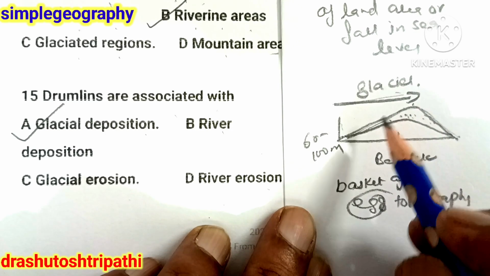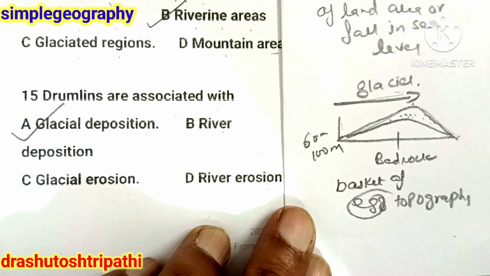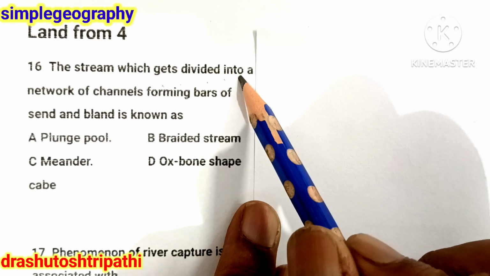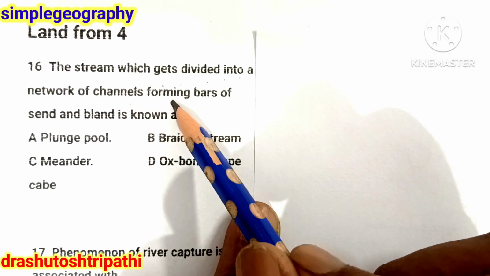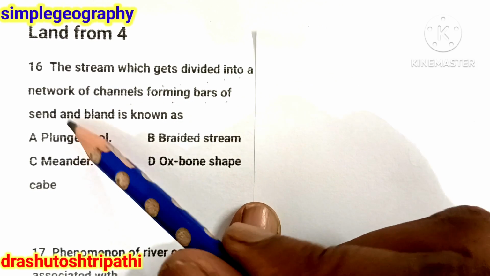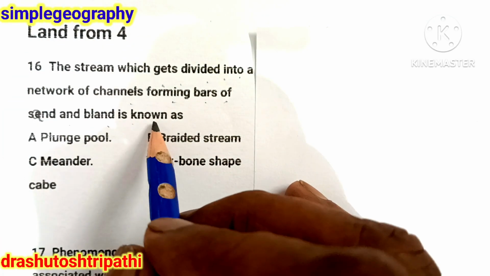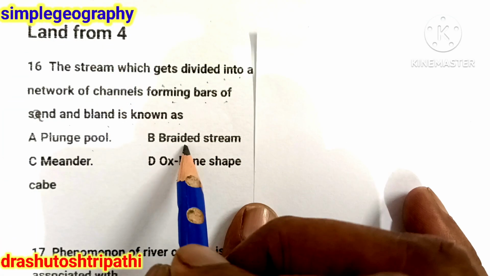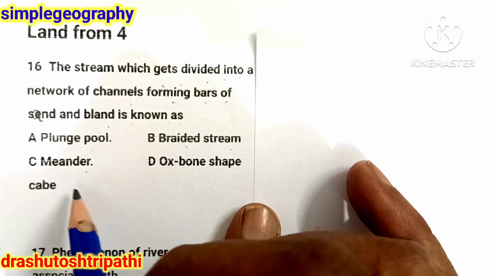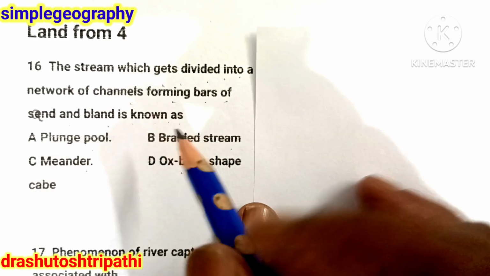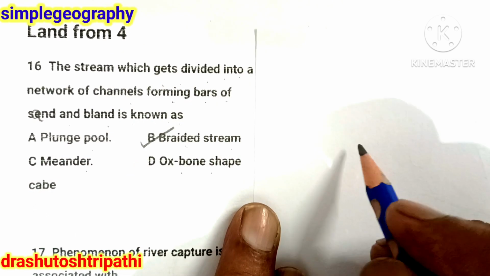It is formed by the deposition of a stream, which gets divided into a network of channels forming bars of sand. That is called plunge pool, braided channel, meander, oxbow lake. The answer is braided channel. How is it formed?